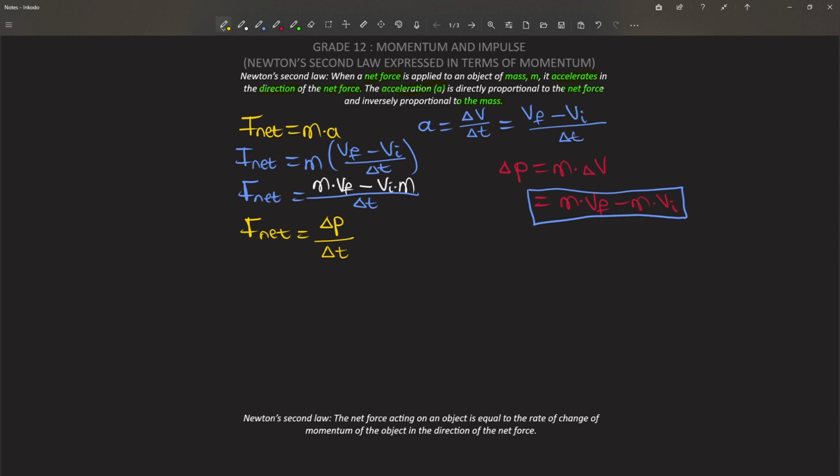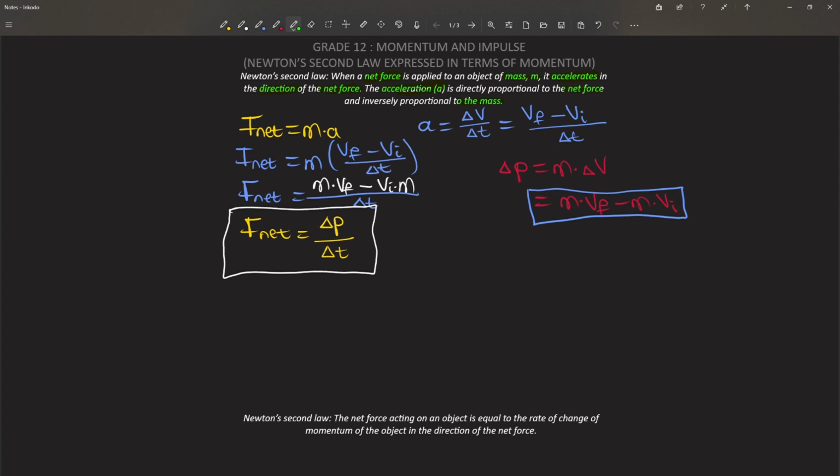As change in momentum increases, our net force increases, and as time increases, our net force decreases. So this equation that we have written here is Newton's second law of motion expressed in terms of momentum, and it is defined in this manner.